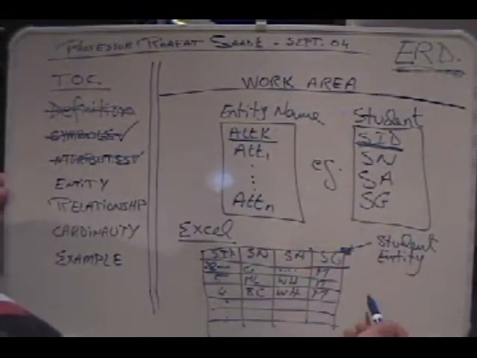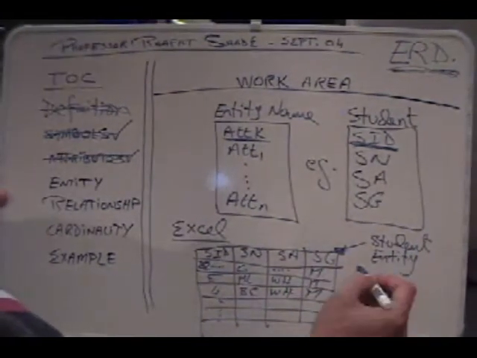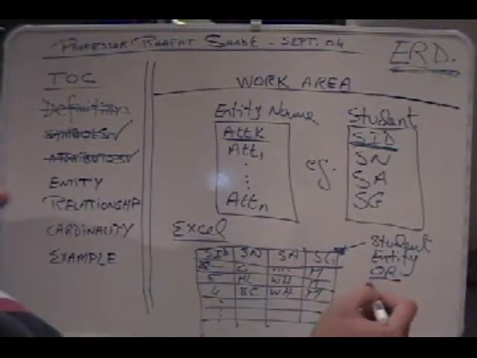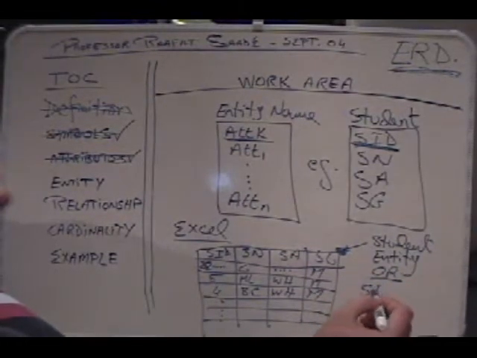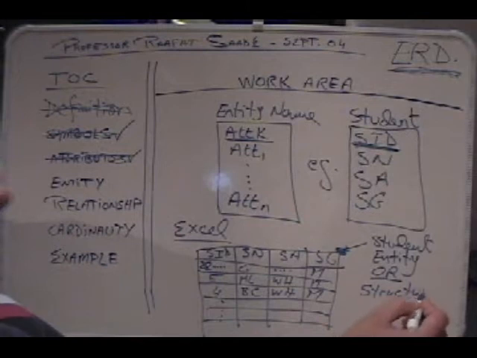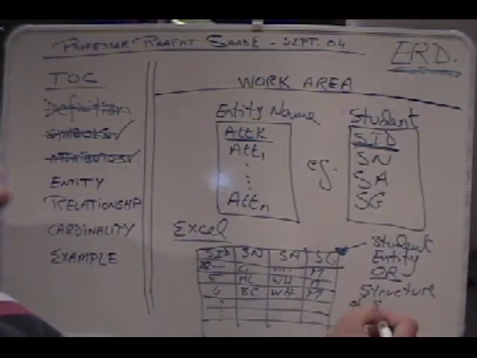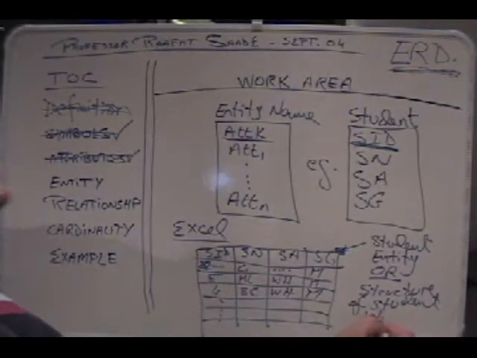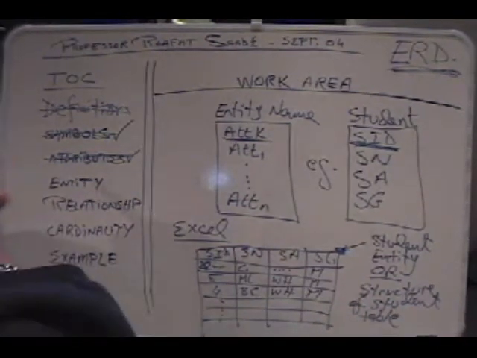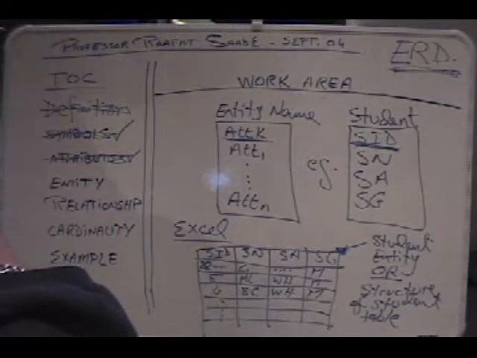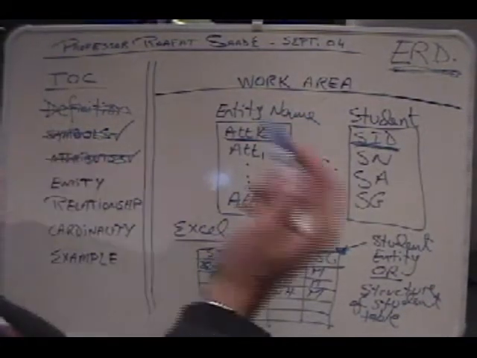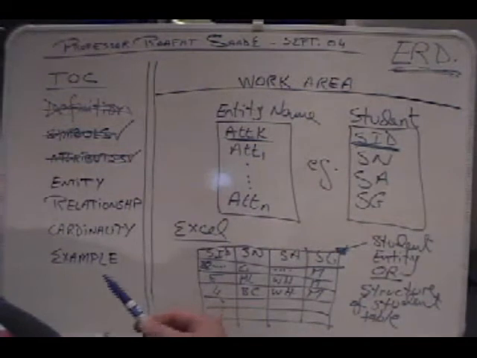The entity is the student entity, or the structure of the student table. This is the structure of the student table, which identifies, of course, the columns.